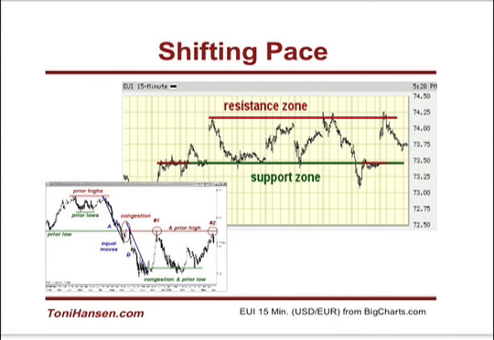This upper chart, what we're looking at is the EUI, which is the US dollar euro. Over here, it had popped higher into that 73.50 level. Here's a good example of how price resistance can hit at a half number.